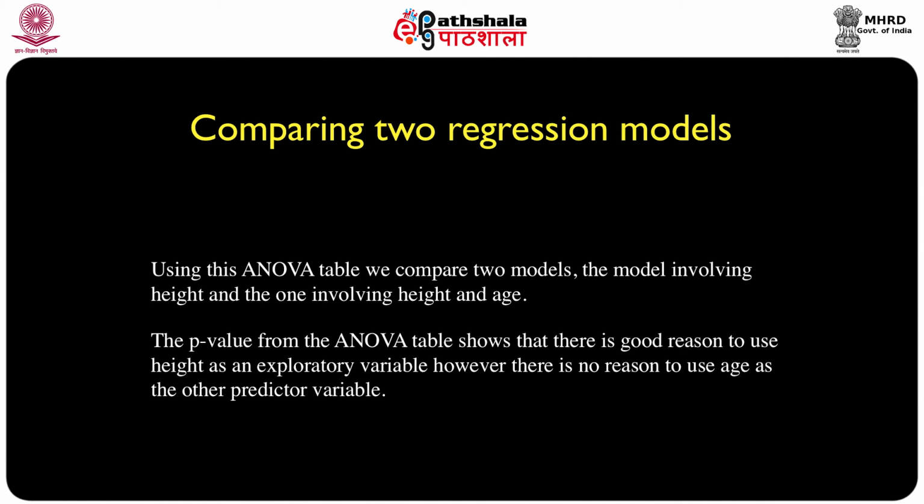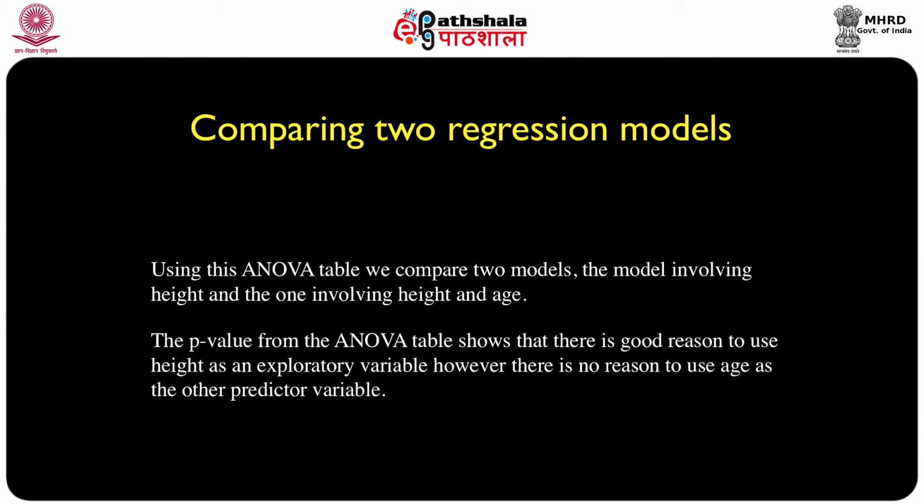However, there is no reason to use age as the other predictor variable, because from the ANOVA table we can see that the p-value is higher than alpha equals 0.05, which suggests that the second model is not a significant improvement over the first, where the first model just contained height as the only predictor variable.